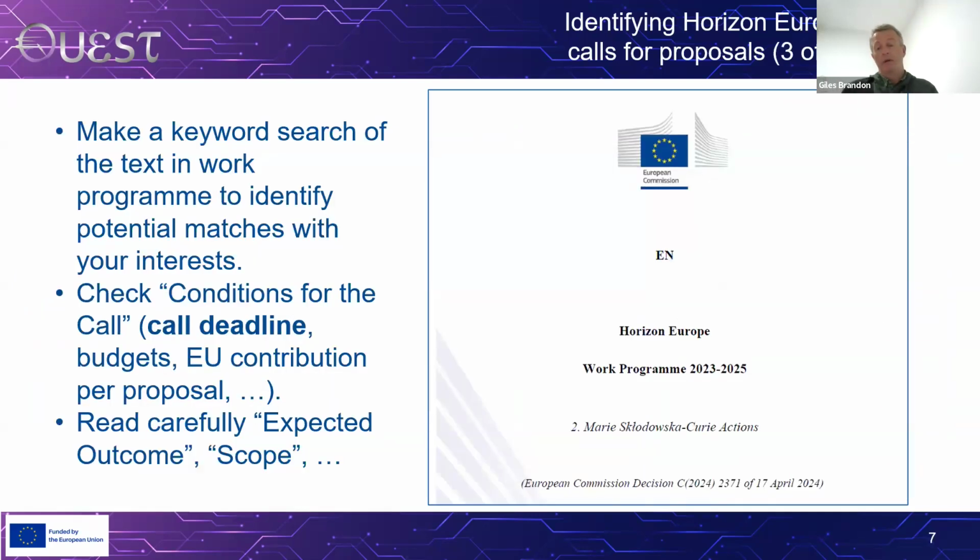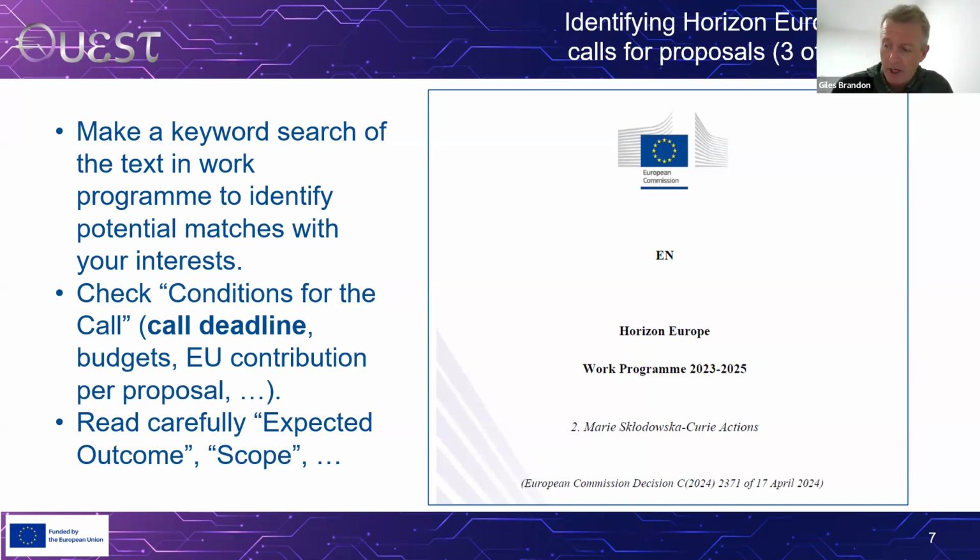Let's assume you've downloaded the work program. These work programs are accessible from that website. You get them as a PDF file. It might be a document of several hundred pages. If you're not already familiar with a particular work program, the thing to do, I would say, is look at the table of contents to get an overview, and or perhaps do a keyword search.